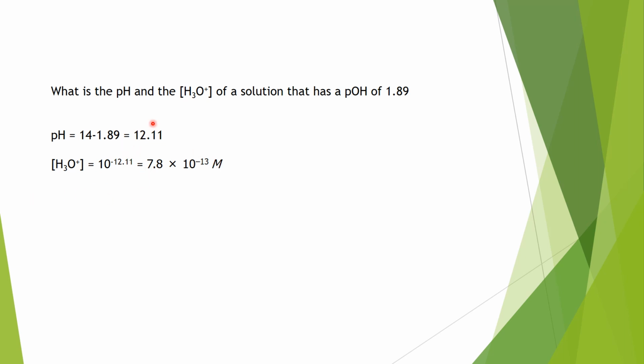Remember, pH is equal to the minus log of the hydronium concentration, but the hydronium concentration is going to be 10 to the minus the pH, and the same thing with the pOH. So it just takes a little practice to work with these.